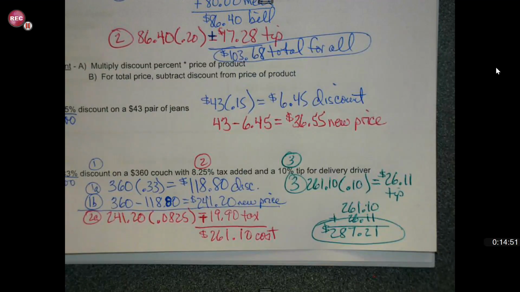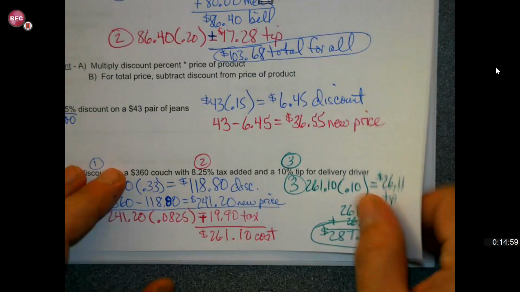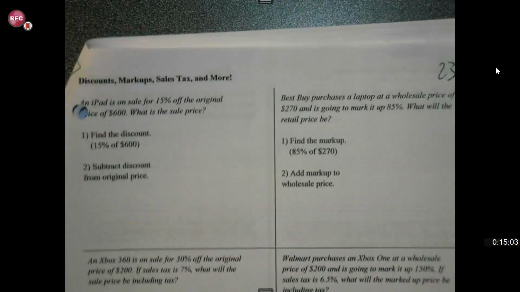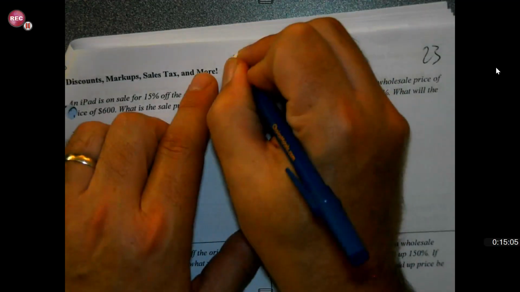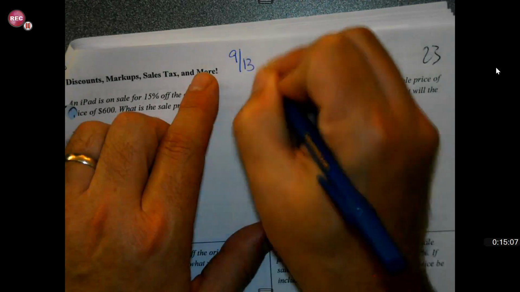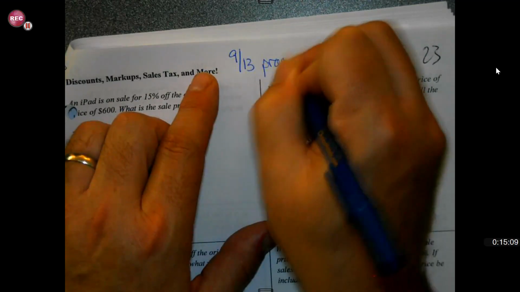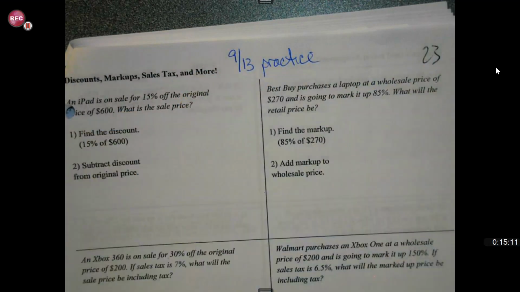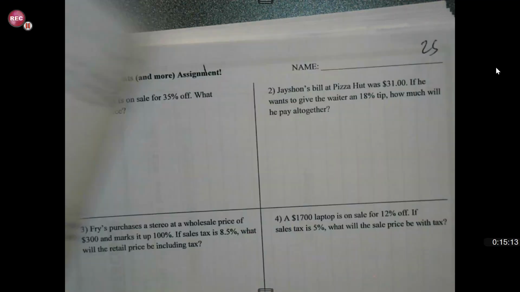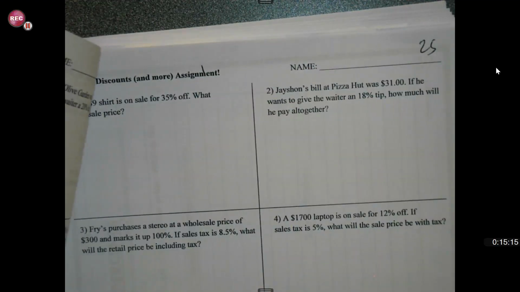So, here's the Hardy suggestion. This is kind of like doing a practice quiz, is what I would say. Keep this out. And the goal now is, starting here on 23, so working here on the problems, I would say this.